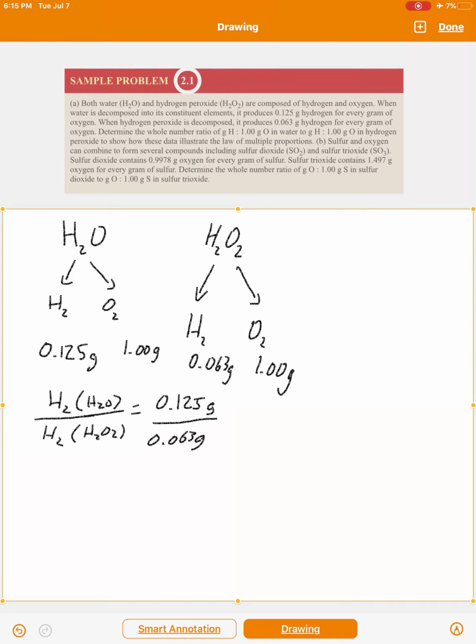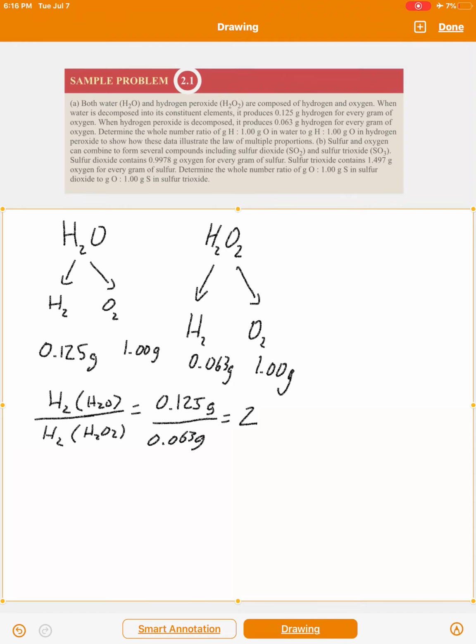And if you do that division, it's not exactly, but it's very close to 2. That's called the law of multiple proportions, meaning that there's twice as much hydrogen per gram of oxygen in water as there is in hydrogen peroxide. It's a 2-to-1 ratio, essentially.